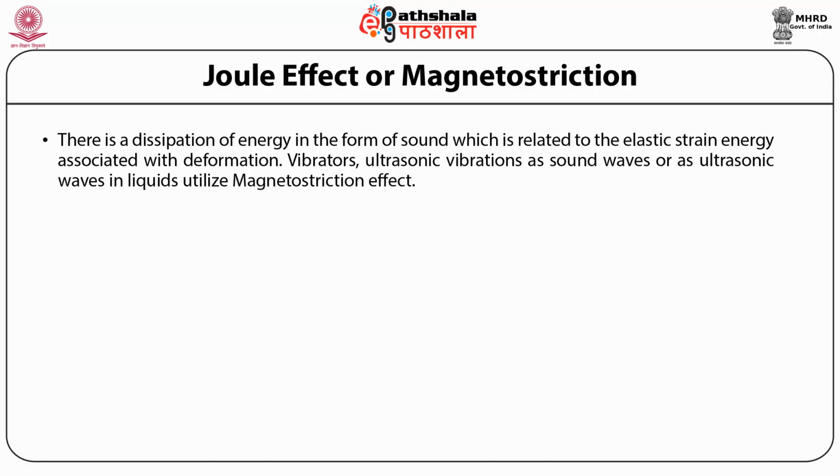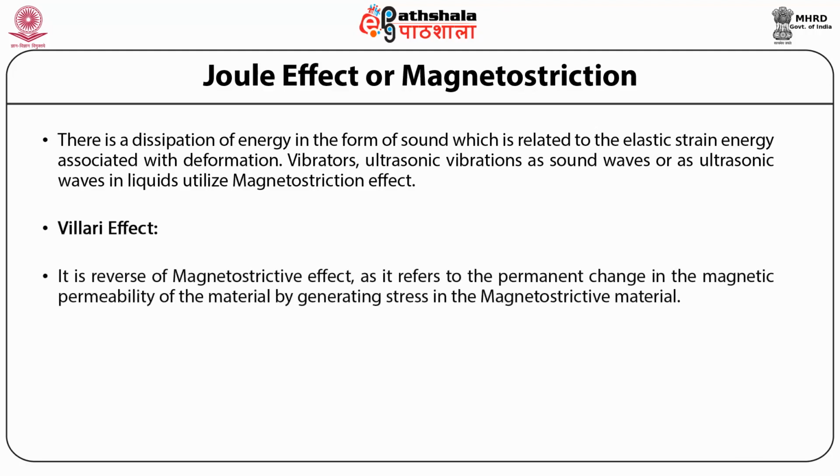Vibrators, and ultrasonic vibrations as sound waves or as ultrasonic waves in liquids, utilize the magnetostriction effect. Now, let us see the Villari effect. It is the reverse of the magnetostrictive effect, as it refers to the permanent change in the magnetic permeability of the material by generating stress in the magnetostrictive material.